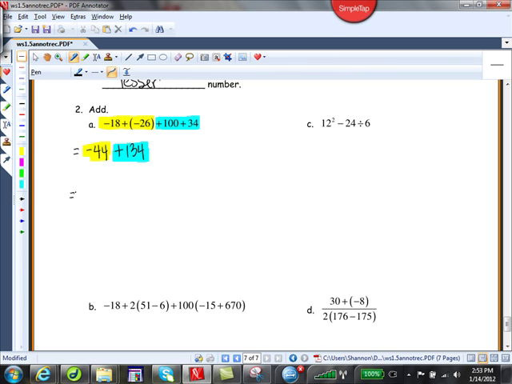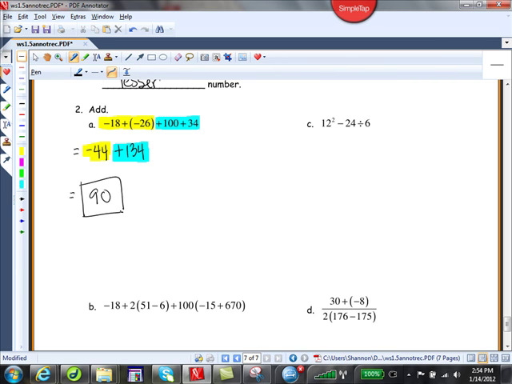And this will yield a result of, for this, notice you have a negative and you have a positive. So you're really going to be doing a subtraction problem, subtracting 44 from 134, and then we'll get a 90, and we keep a positive with it because the number with the larger absolute value is positive.